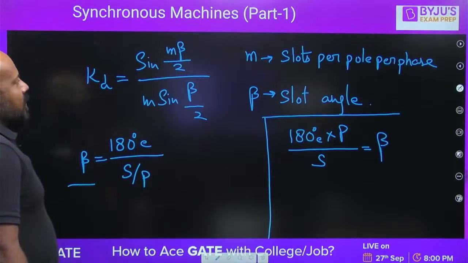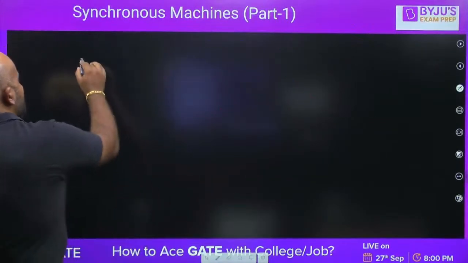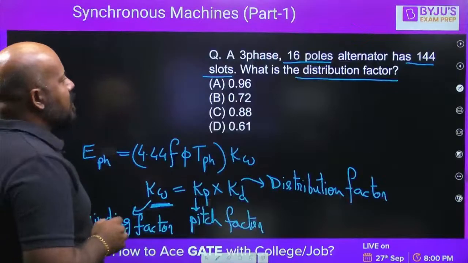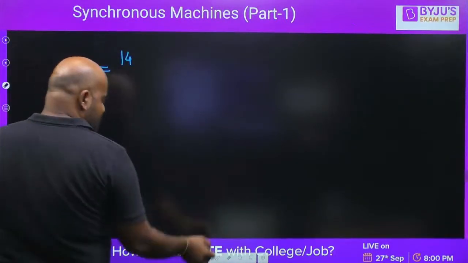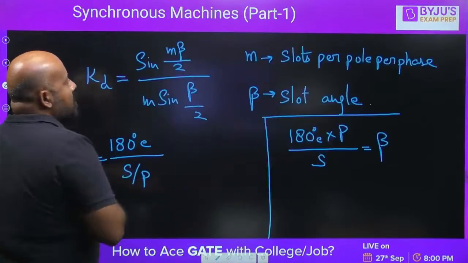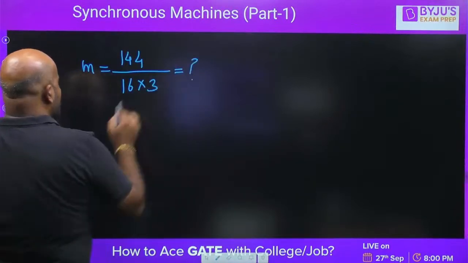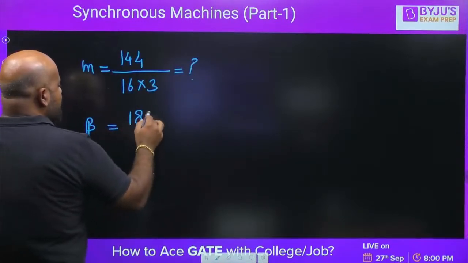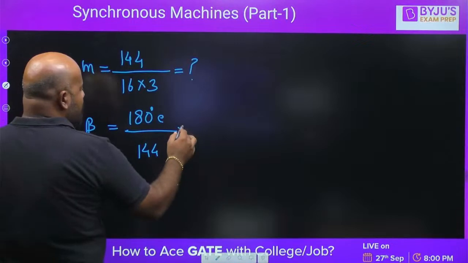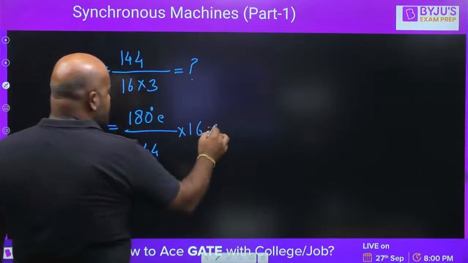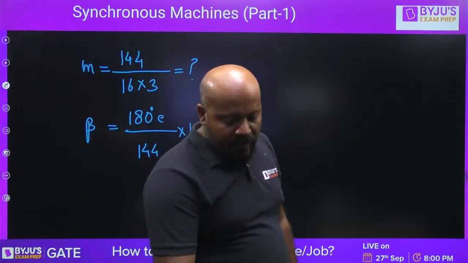Now, let us try to find the values of m and beta. Just put them in and you will get your answer. What is the number of slots per pole per phase? The number of slots is 144, the number of poles is 16, and there are 3 phases. Just solve this and tell me what you get.